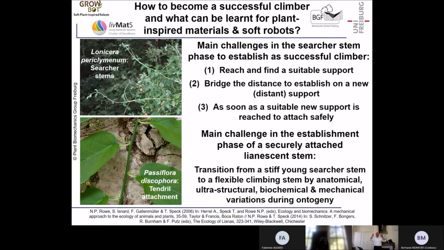They streamline, but lianas are very stiff. And as soon as they are attached, they tremendously change the structural and mechanical properties. They become totally flexible. And this causes internal strains, which cause internal fissures. And these internal fissures have to be repaired. I will come back to that in a minute.